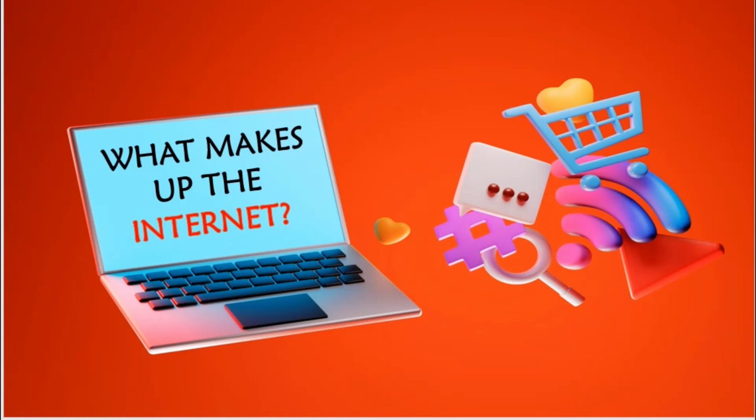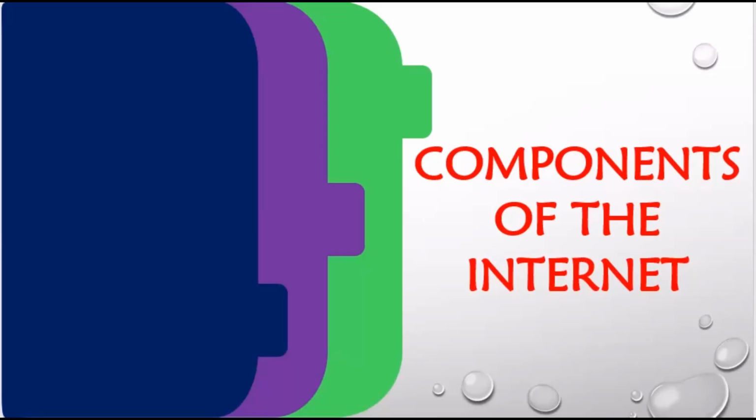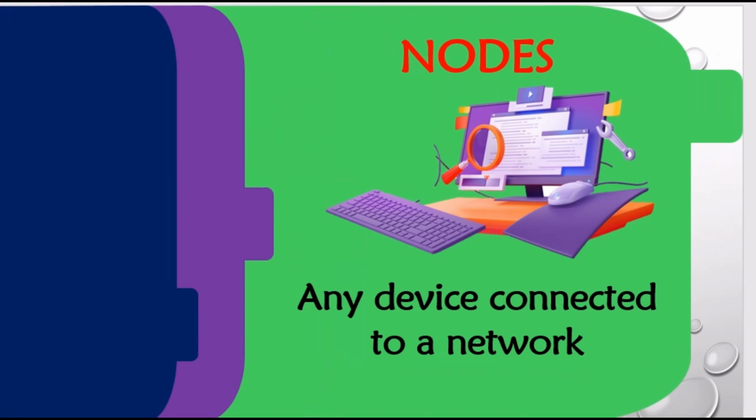Now, at the heart of the internet are its key components, or basically what constitutes the internet. Let's now talk about the components of the internet. First, we have the nodes.